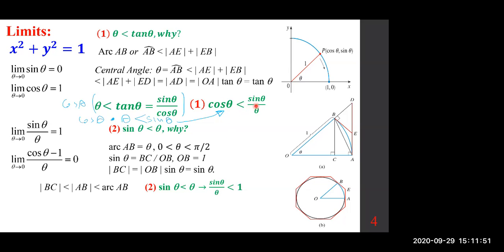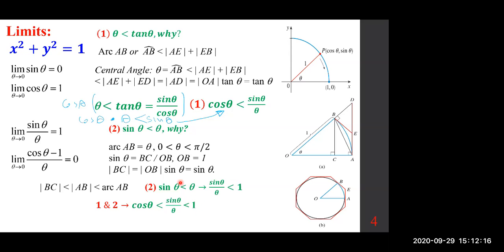We put number 1 and number 2 together. Cosine theta is less than sine theta over theta, and it's less than 1. Now we're going to take the limit of both sides as theta approaches 0. There are 3 sides. We take this one and this one.